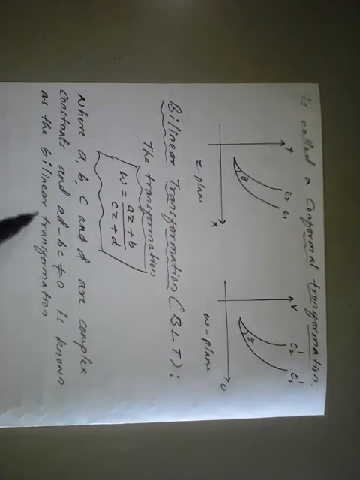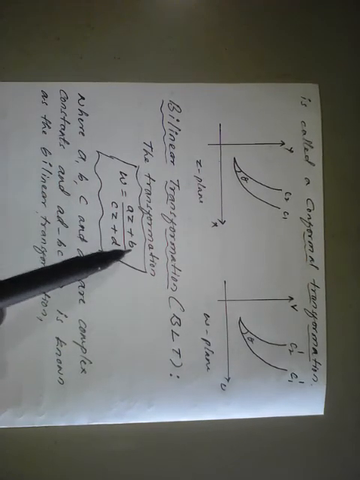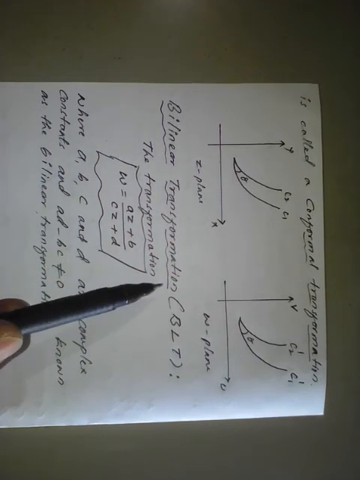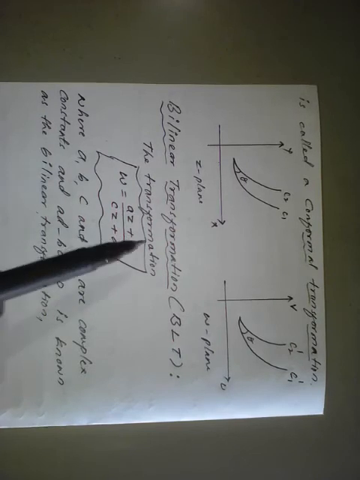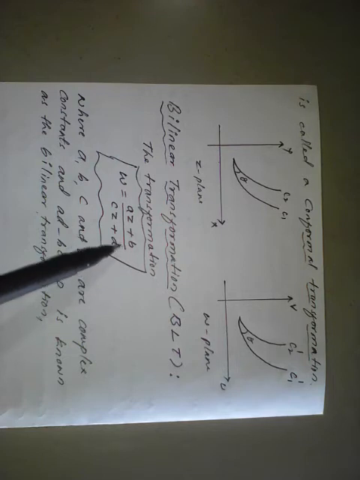This is known as the bilinear transformation. Based on this we can solve problems of bilinear transformation. This topic is very important, and one question is sure to come from it in the examination.